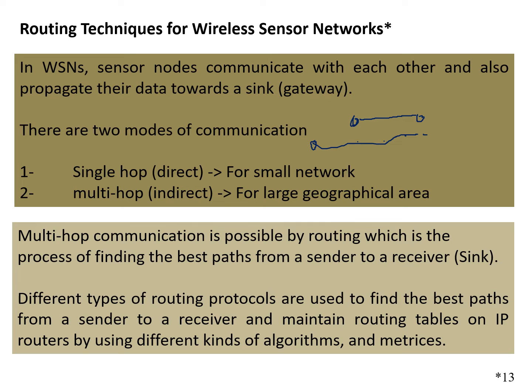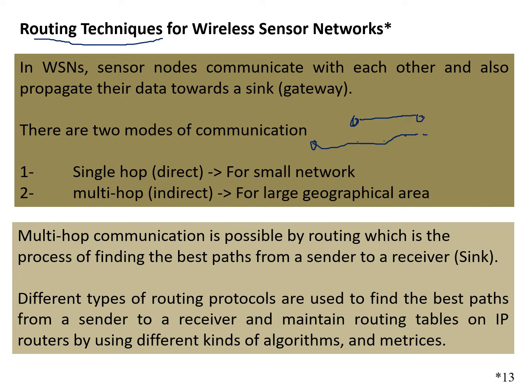In multi-hop communication, I pointed out an issue in the second slide: if there are many paths from source to destination, how do we select the best path to get to the destination? This is called routing techniques.